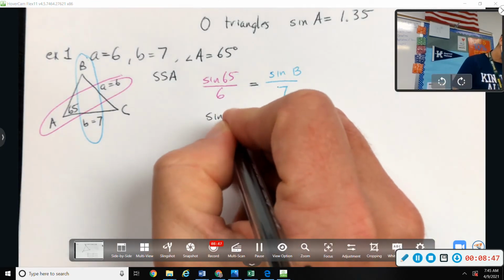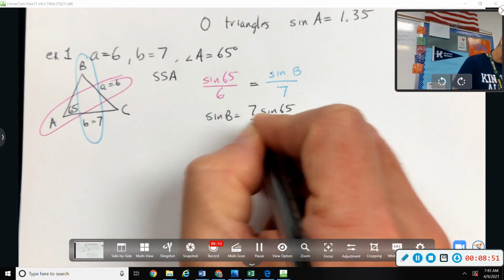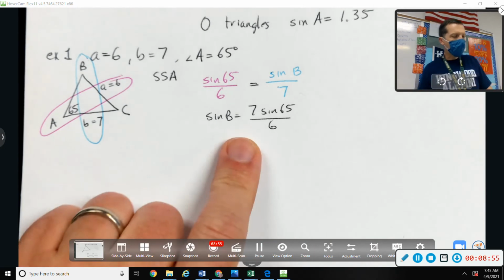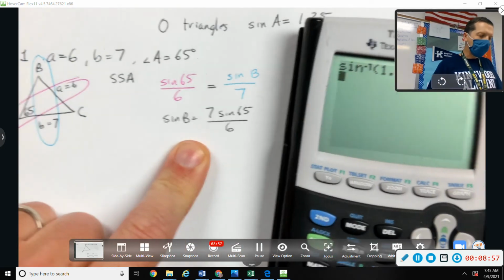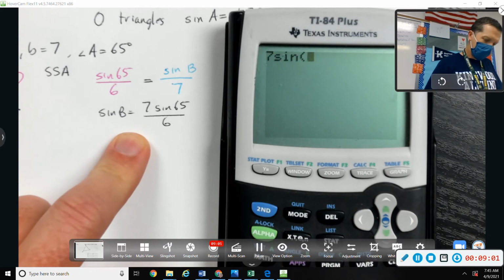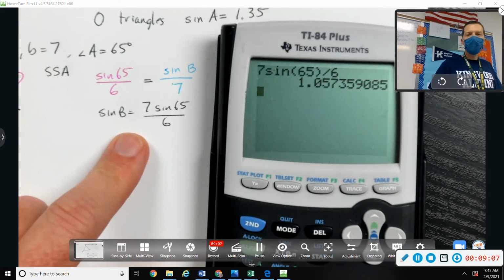So sine of B equals 7 sine 65 over 6. And I'm solving for an angle, so I'll have to be careful here. This is where I might get two answers. So there's 7 sine 65 over 6.